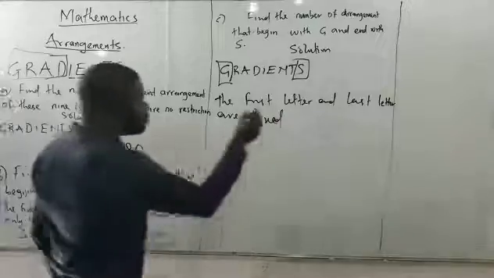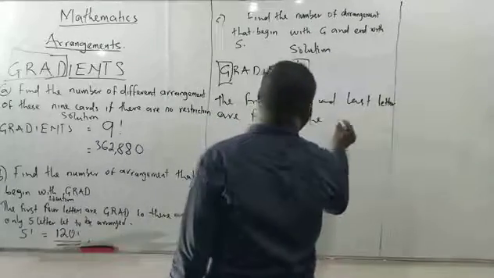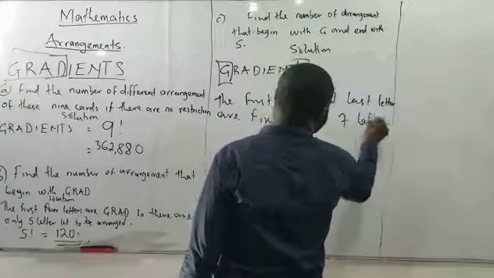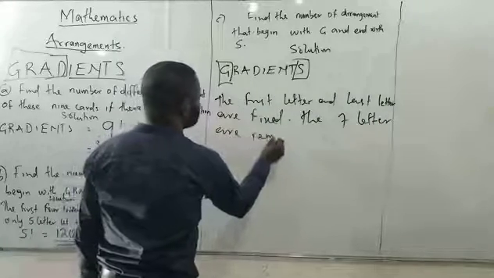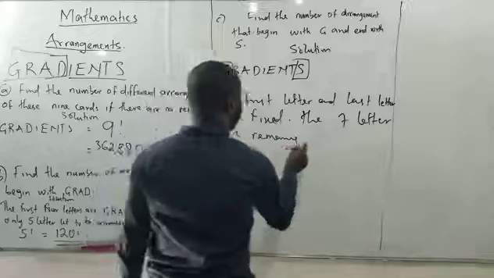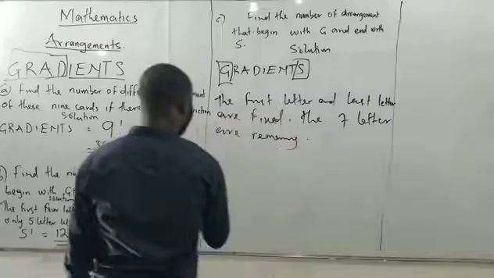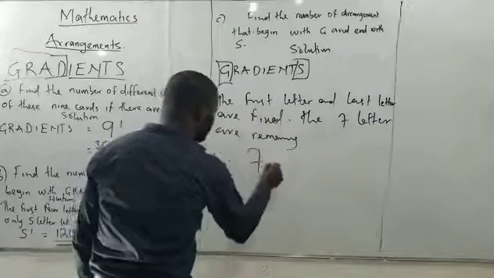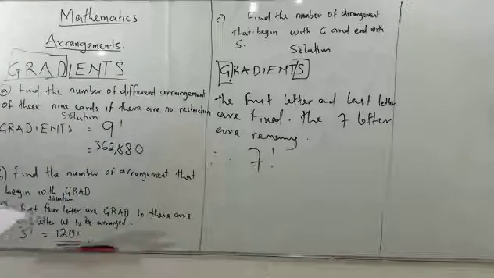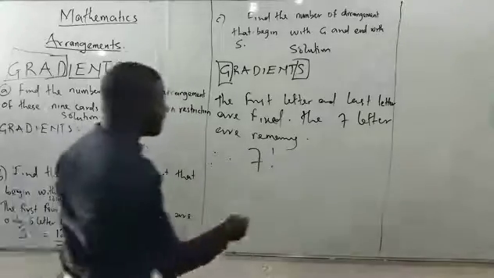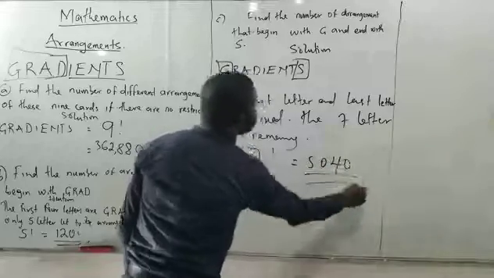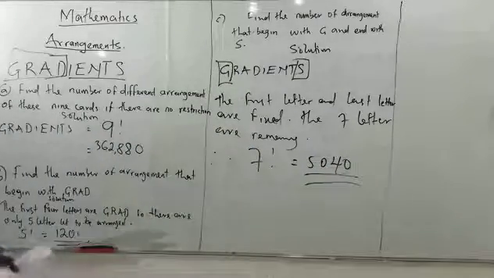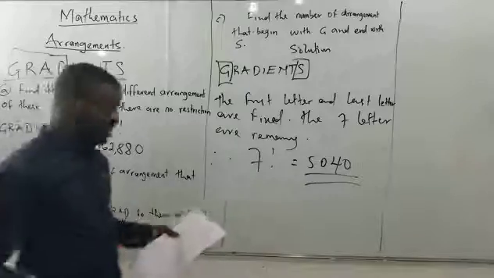Then 7 letters are remaining. Therefore, I'll be having 7 factorial. Now, my 7 factorial will be 5040. That is just it. Can you see? This is how to arrange items.